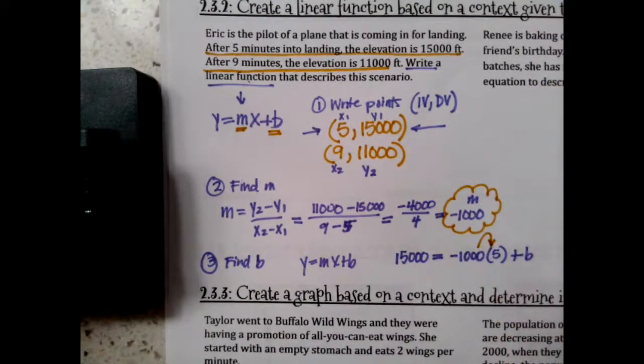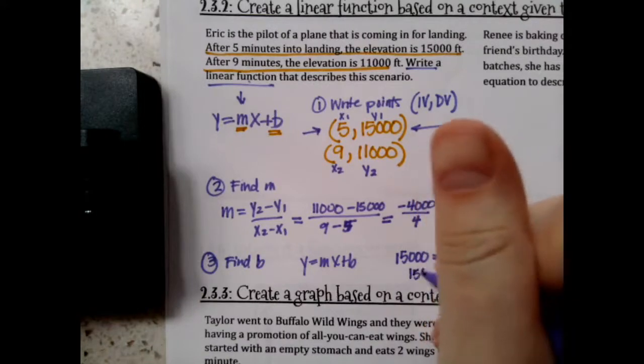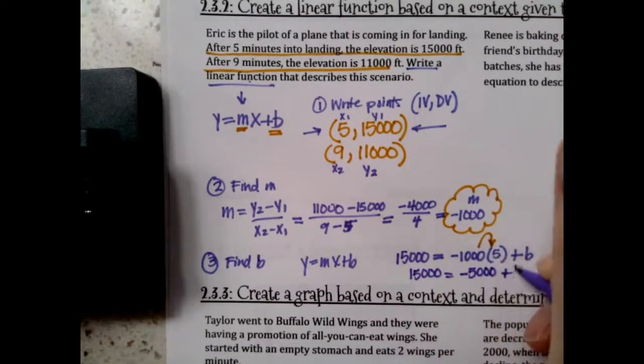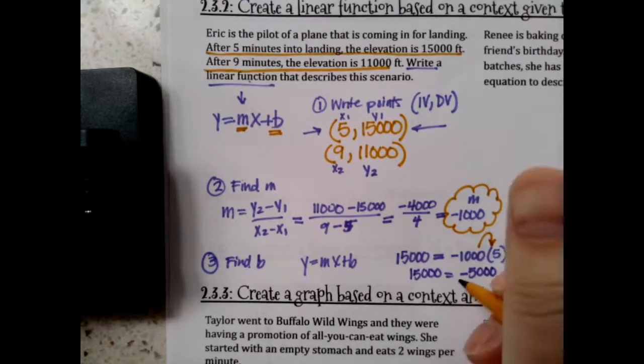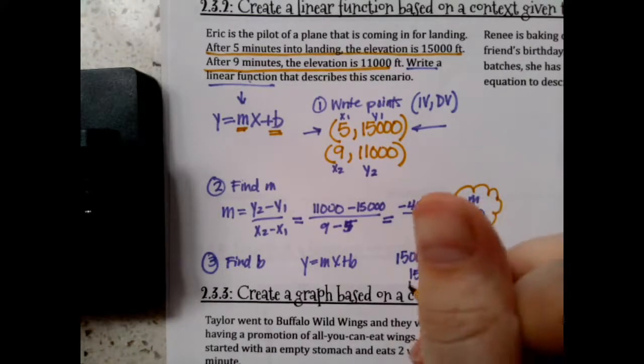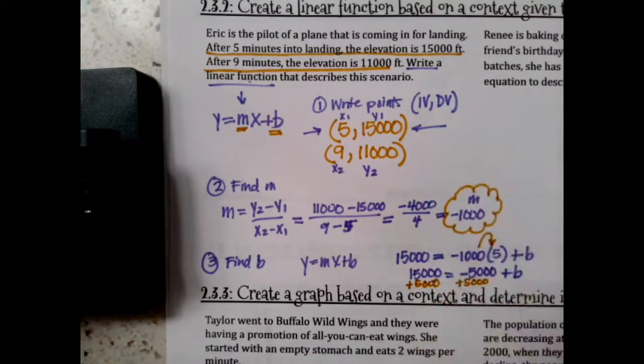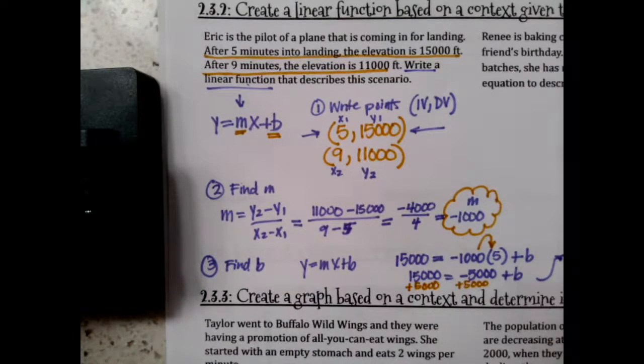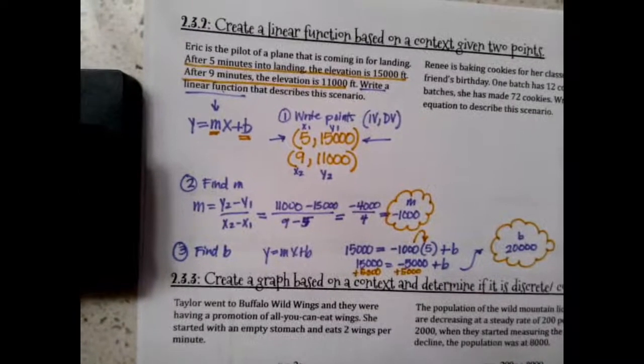We want to solve this, multiply first to get negative 5,000, and then add 5,000 to get 20,000. And that is my b value. Again, I'm going to put that in a cloud.